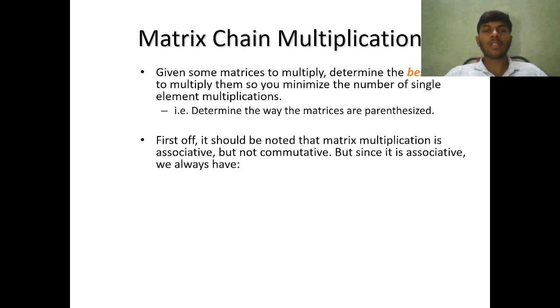First off, it should be noted that matrix multiplication is associative but not commutative.